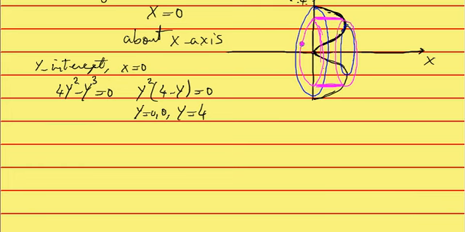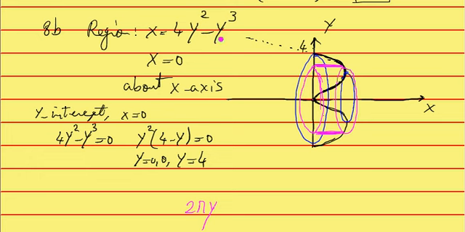The circumference of this shell is 2 pi y. The height of this shell is x, but x is just this, 4y squared minus y cubed. The thickness of it is dy. This thickness is perpendicular to the y-axis, is dy. All you have to do is to integrate this.